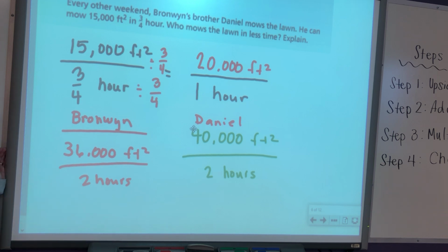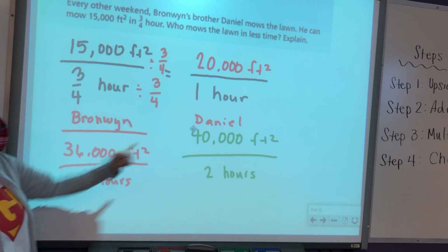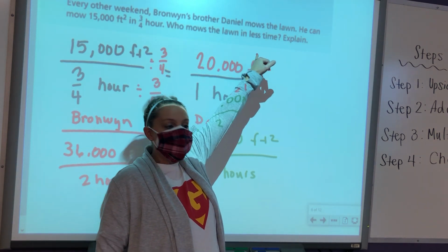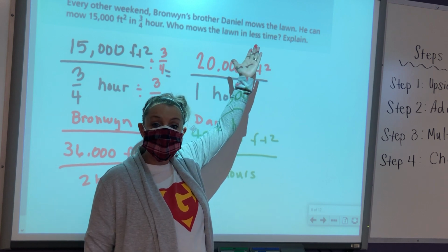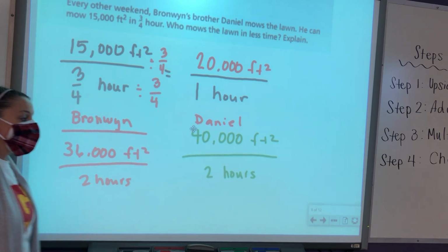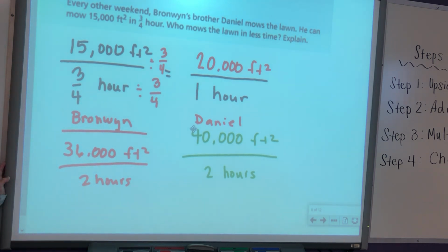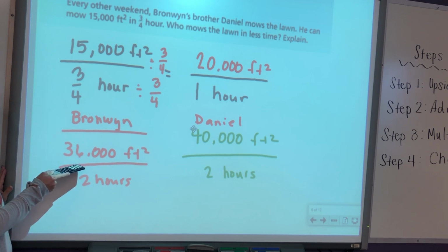Do we know exactly how long it's going to take Daniel to mow the entire lawn? We don't, but the question didn't ask that. The question asked just who mows the lawn in less time. It takes her 2 hours to mow the 36,000.